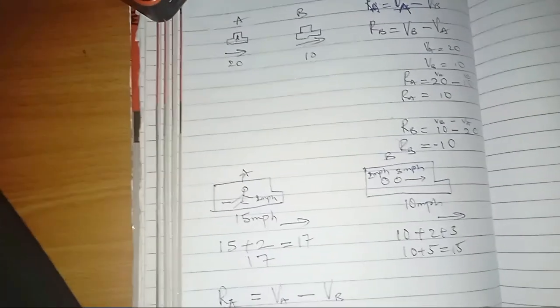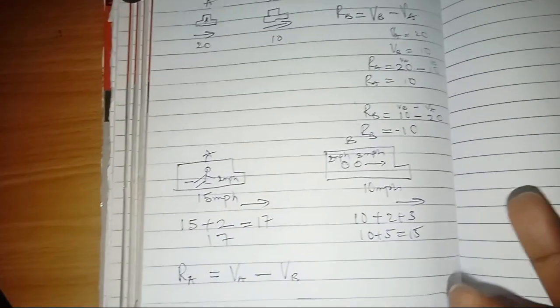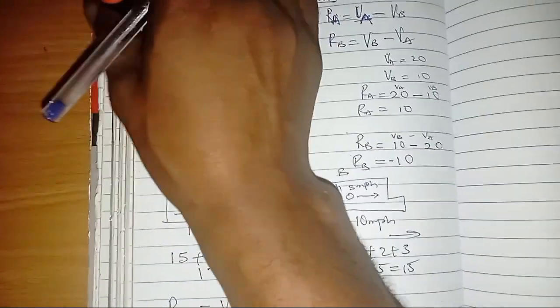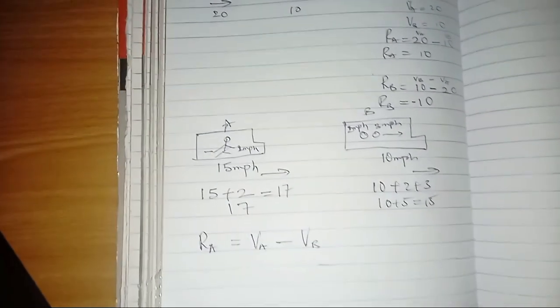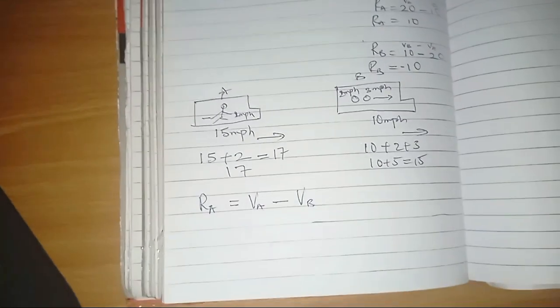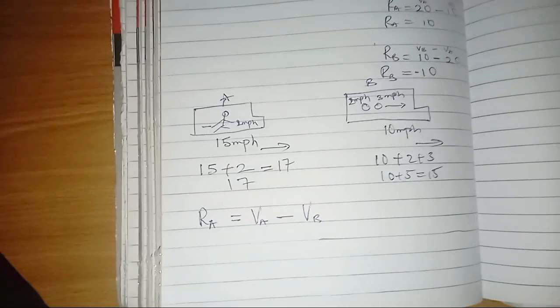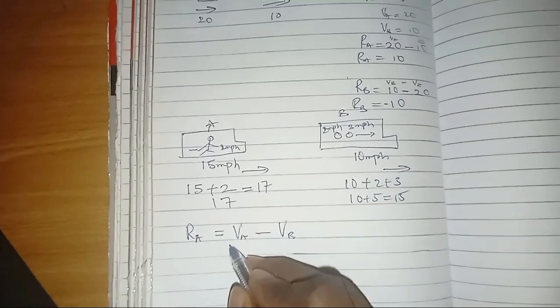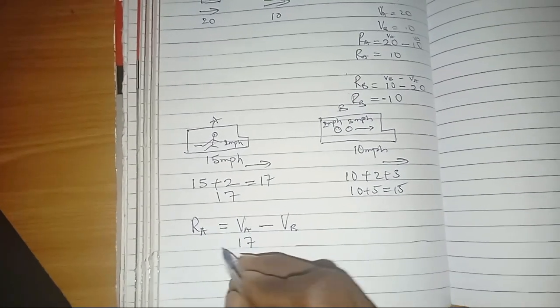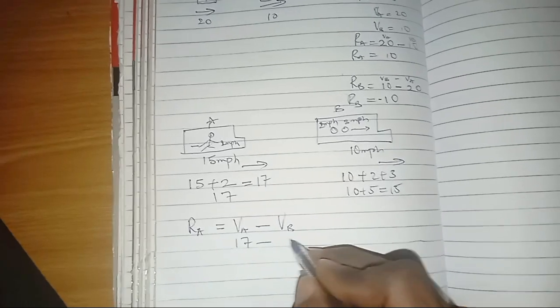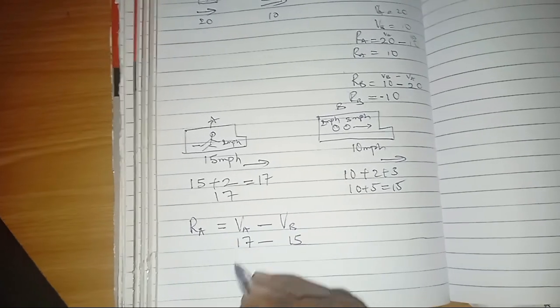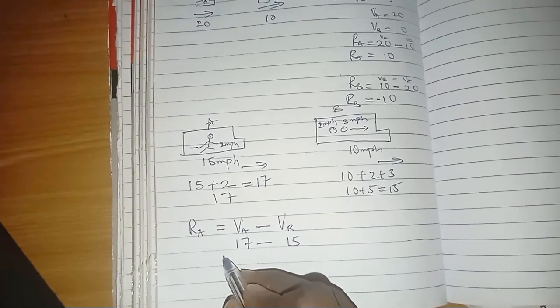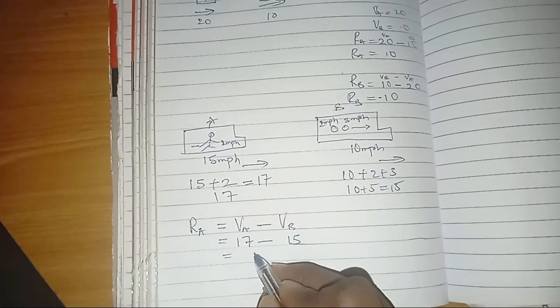Whatever it is, if I'm talking about relative velocity of A, it simply means that I'm observing A, so what the observed is getting. I know you make sense from what I'm saying. So this is going to simply be 17 minus 15, so the relative velocity of A will simply be equal to 2 mph.